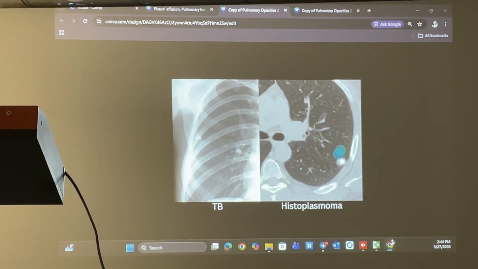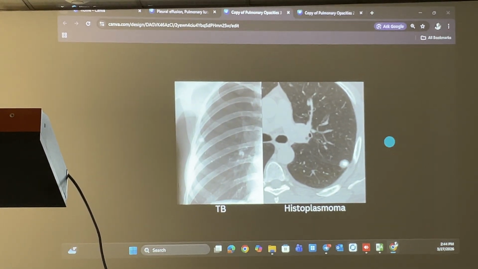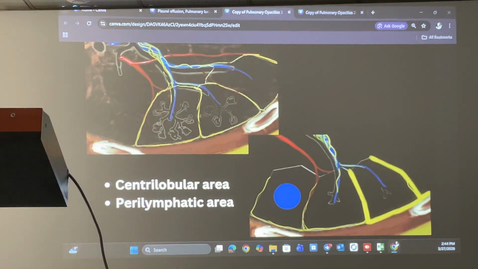Granuloma, and the second one is a granuloma with central calcification.